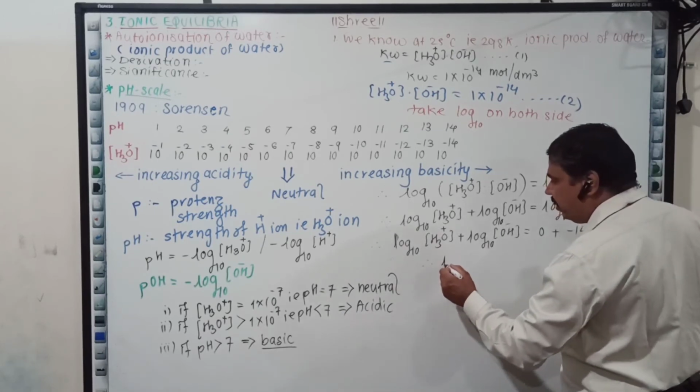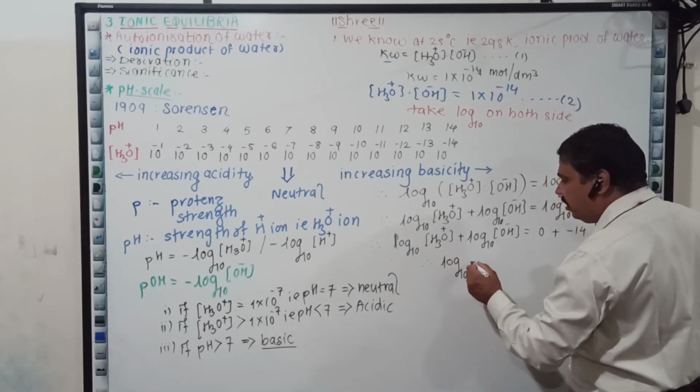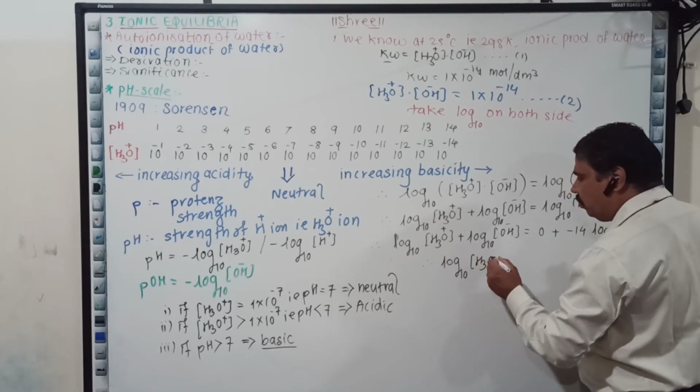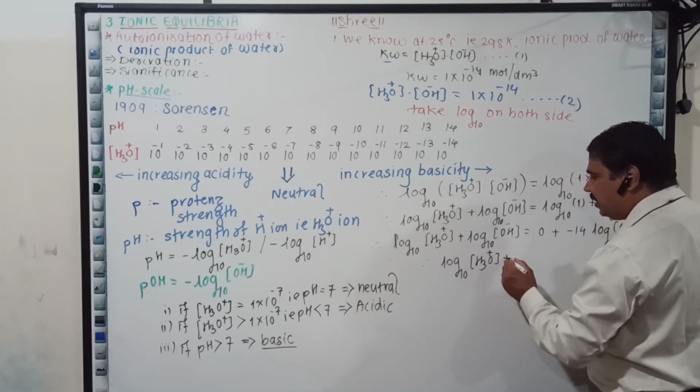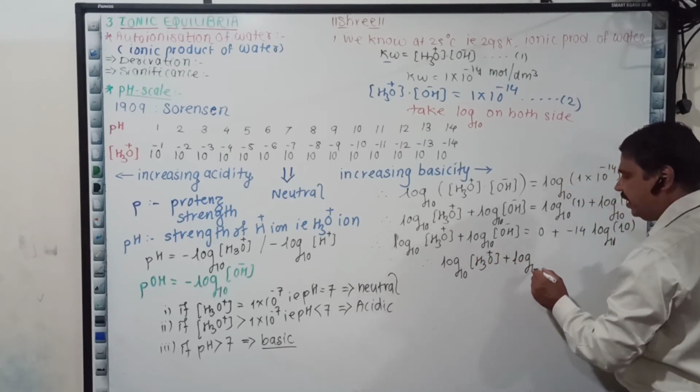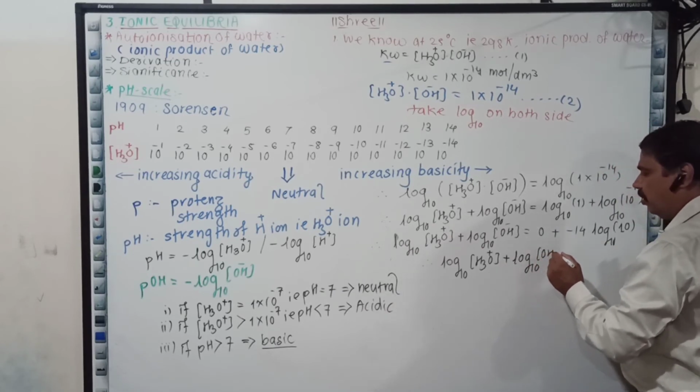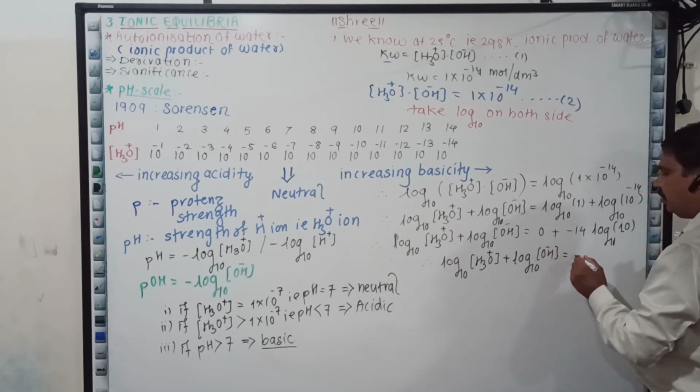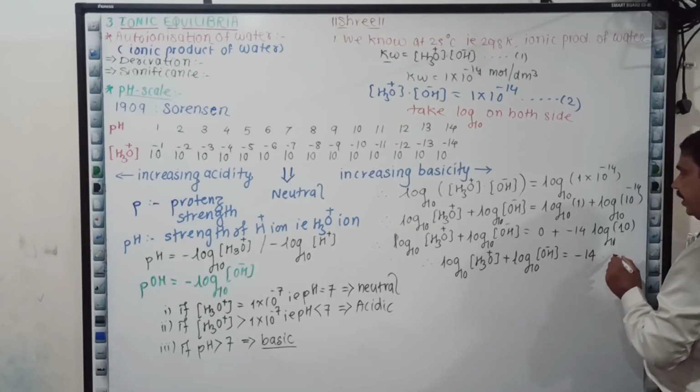Therefore we get log to base 10 concentration of H3O plus plus log to base 10 concentration of OH minus is equal to minus 14.